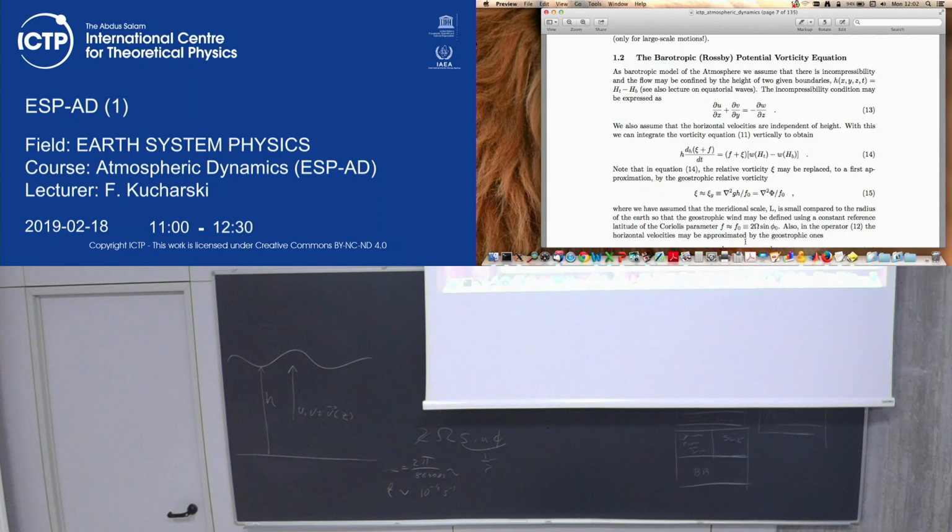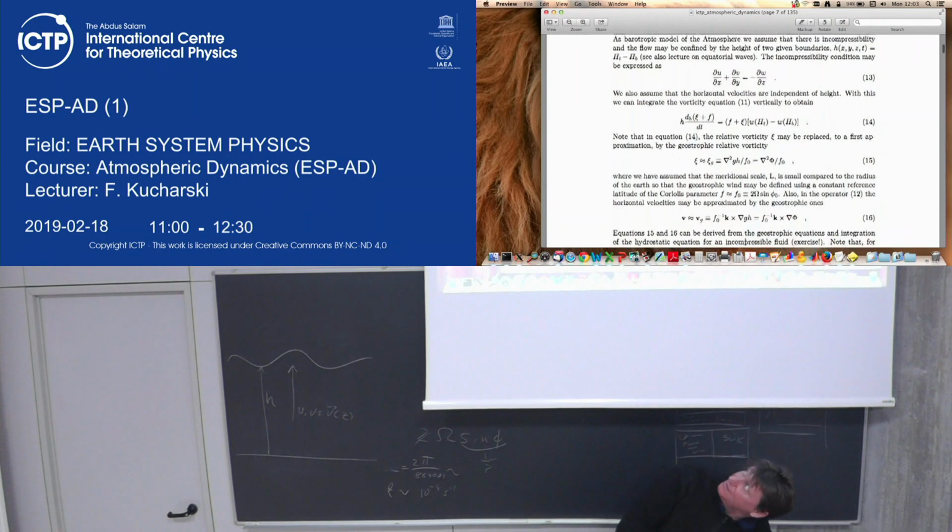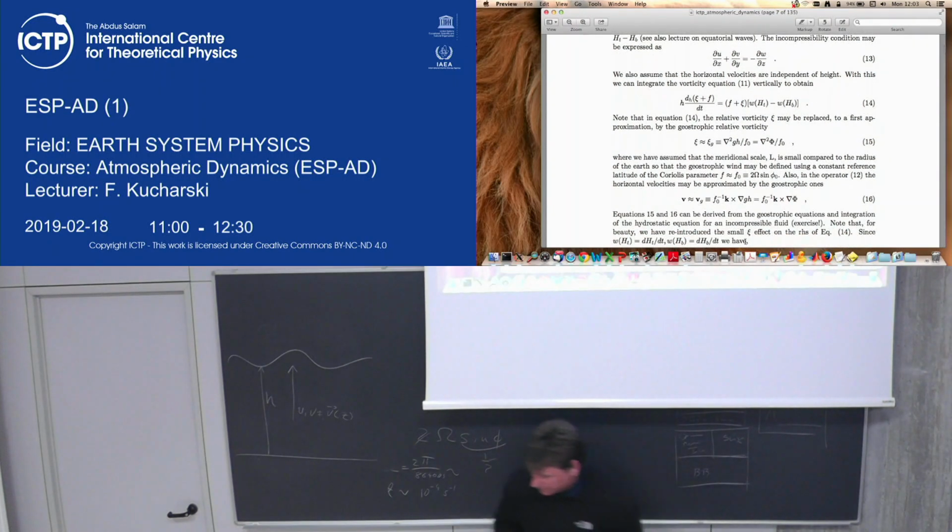Actually, for the beauty of this equation, we have inserted again f plus psi, which is the more correct, exact form here. And now we can make use of what we call the geostrophic approximation.